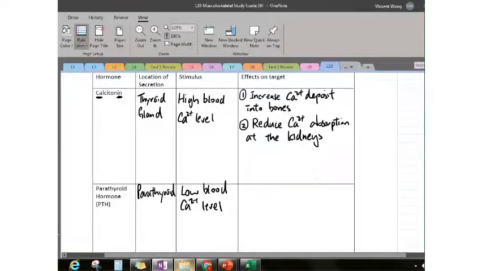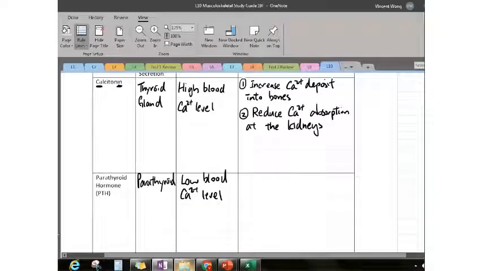So PTH will try to increase the blood calcium level by taking calcium from bones. It will promote the release of calcium from bones.